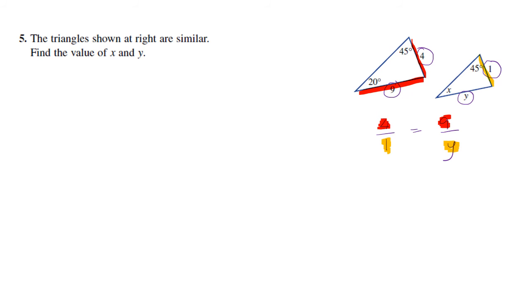The important thing I'm trying to draw out here is that you have to make sure that in our red triangle, the red numbers are at the top, and then in our orange triangle is what we're dividing by.